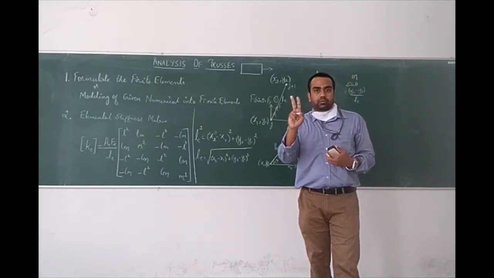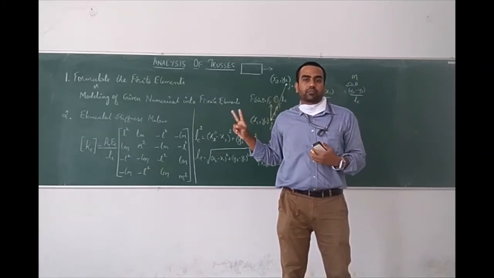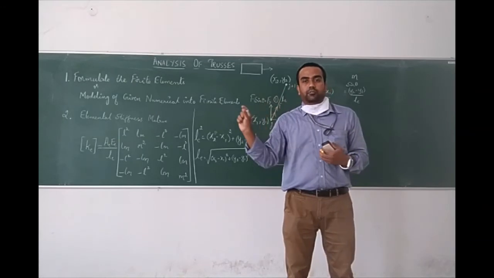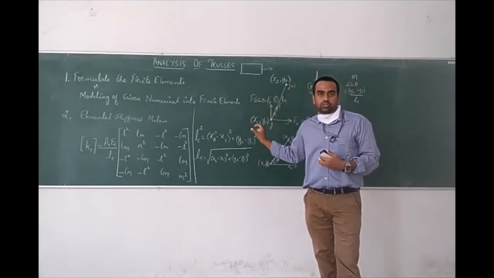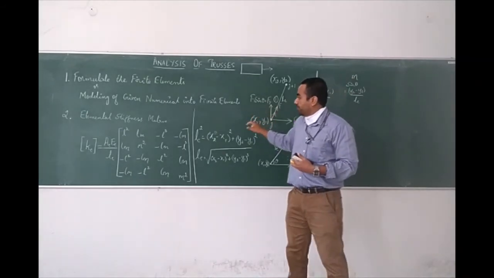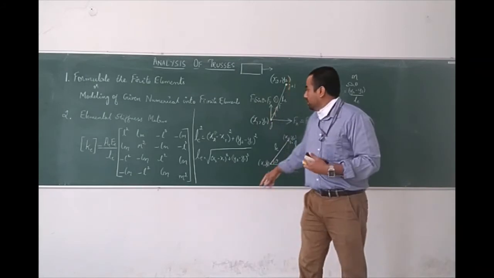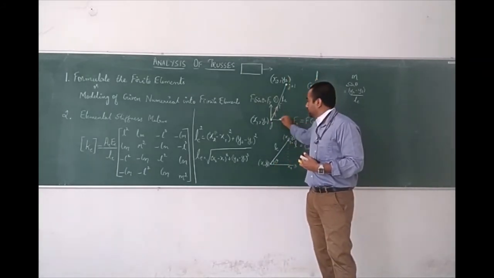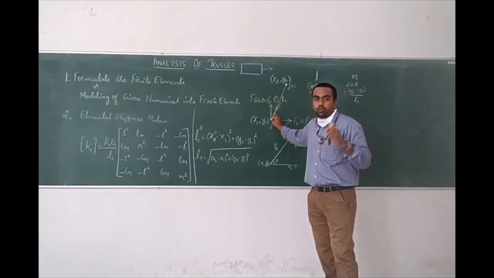So two nodes which constitute one element had one degree of freedom at node 1, the other degree of freedom at node 2. So a 2 cross 2 matrix was prevalent. But now when you consider a truss element, there is a displacement along x direction as well as there is a displacement along y direction for one node.